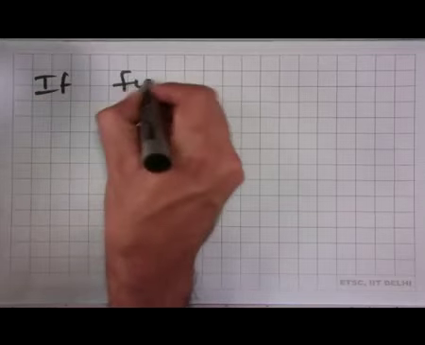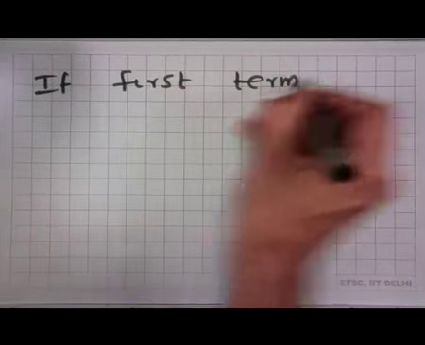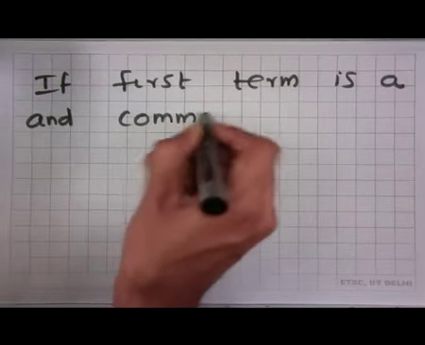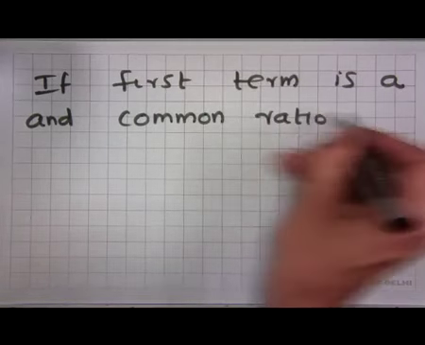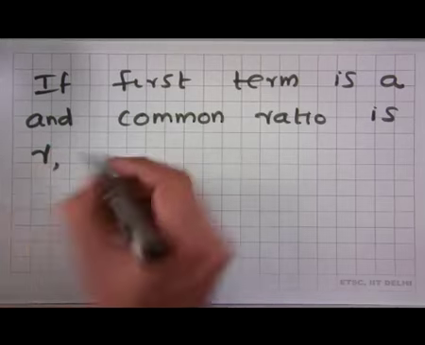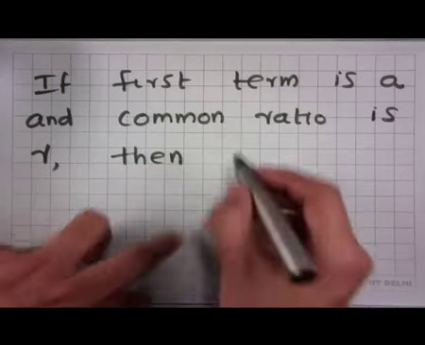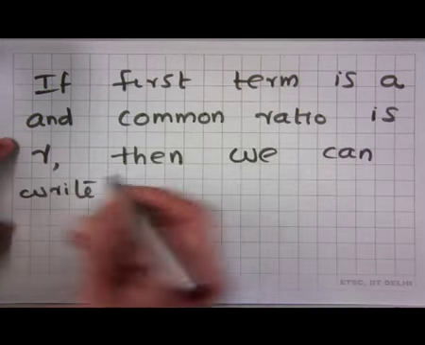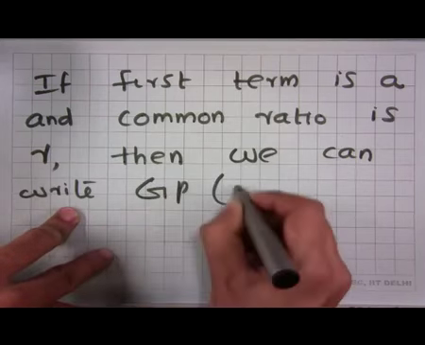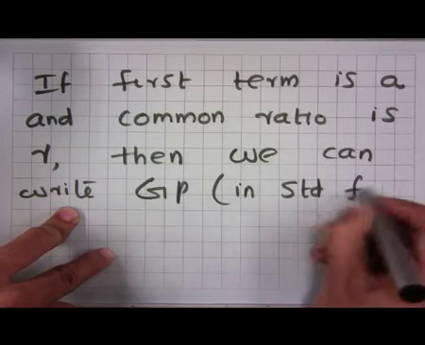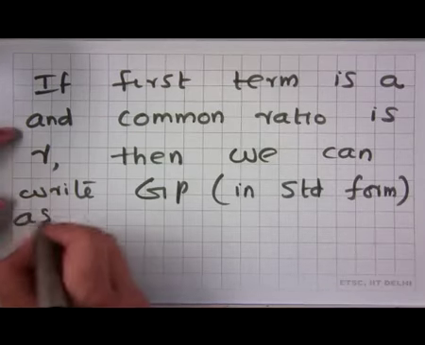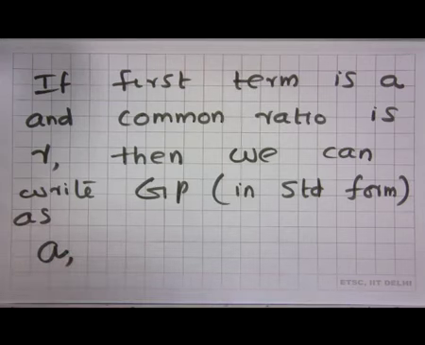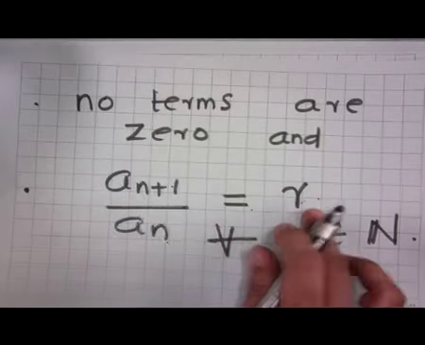If the first term is a and the common ratio is r, then we can write a GP in standard form as follows. Remember a_(n+1) by a_n is r.